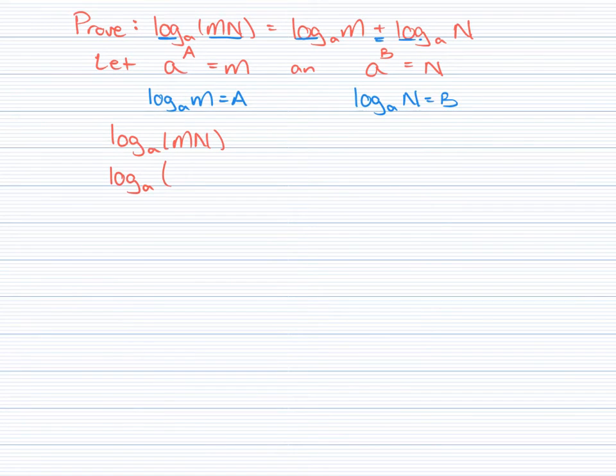And instead of m and n, I'm going to write a to the capital A times a to the capital B, okay? Then, understanding my exponent rules, if these have the same base, these exponents can be added together. So I can rewrite this as log base a of a to the A plus B, just basic exponent rules there.